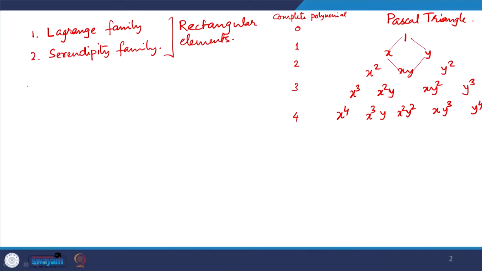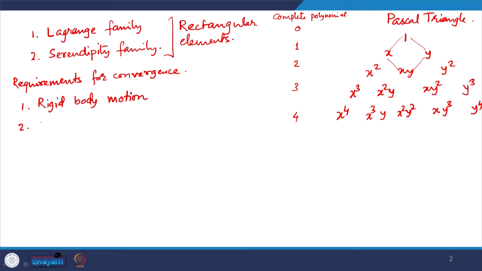For the convergence of the finite element solution, we mentioned the requirements for convergence. So, that is rigid body modes, and the second one is constant strain state. So, constant strain state we have been talking about.